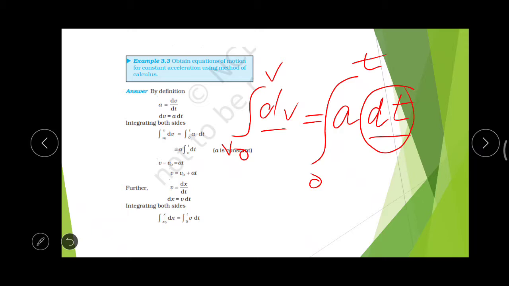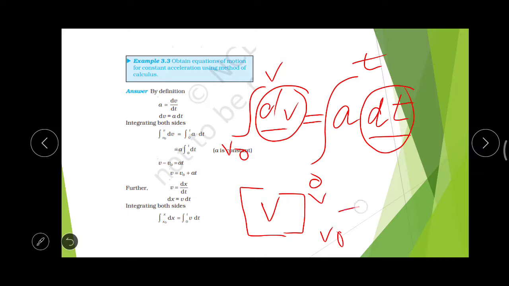Here, when you integrate dv, you will obtain v. So v in the limit of v0 to v is equal to a, which is a constant and remains as it is, into t in the limit of 0 to t.